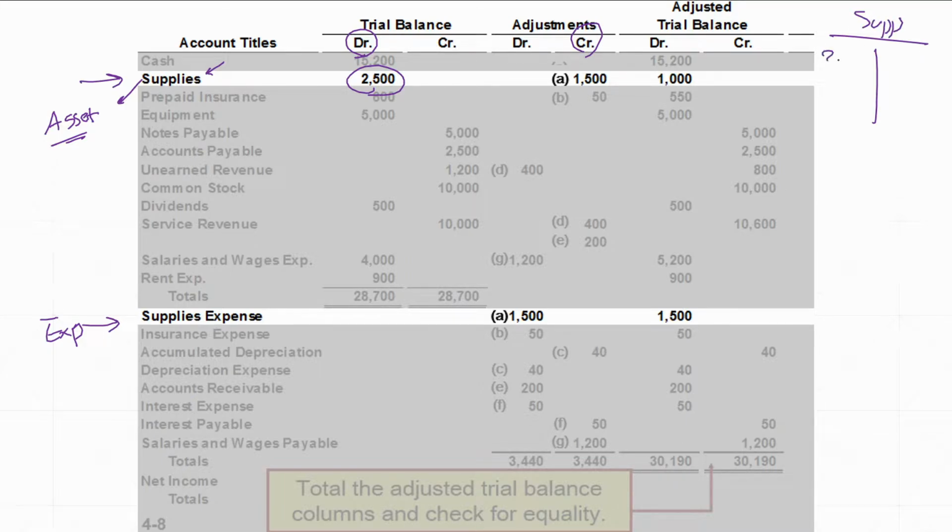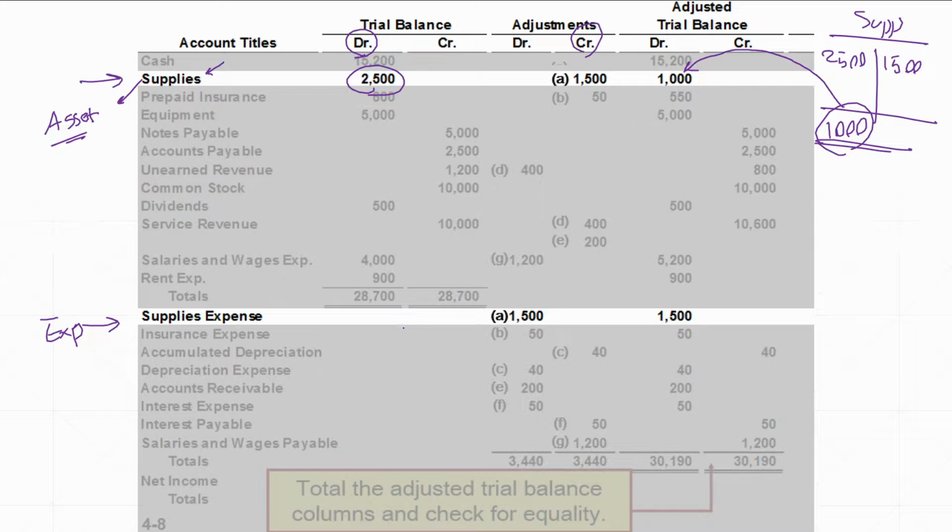So we had 2,500 debit, now we are journalizing 1,500 credit. The net effect is $1,000 debit. So we put this number, $1,000, into the debit column of our adjusted trial balance.